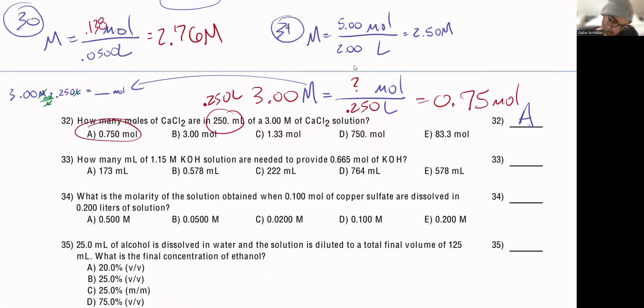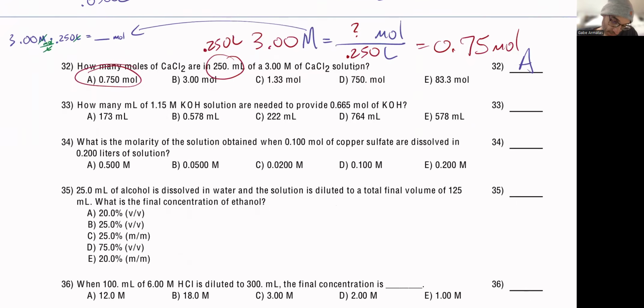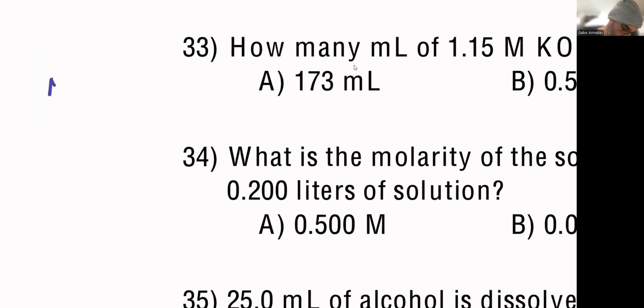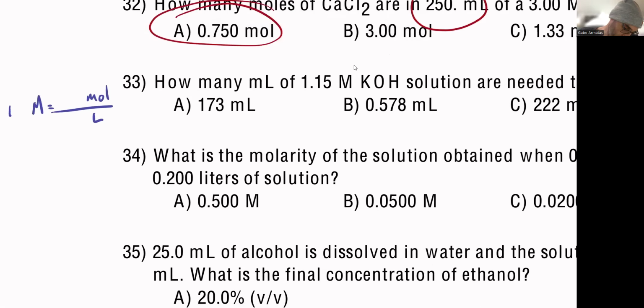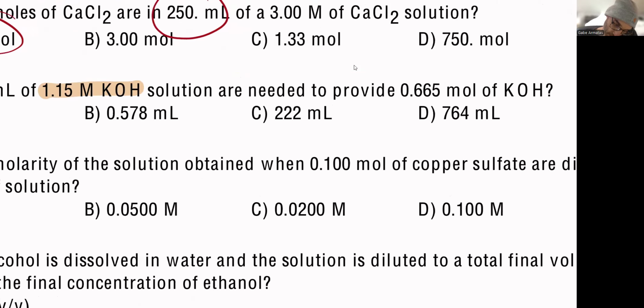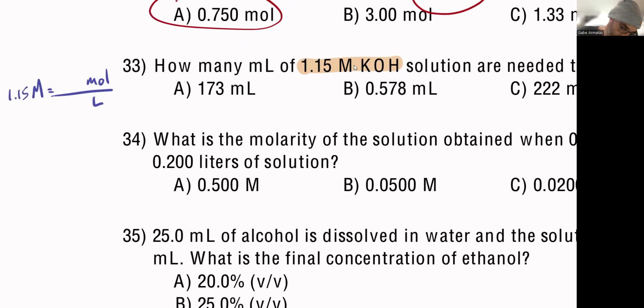Okay. Moving on, how many milliliters of a 1.15 molar solution are needed to provide 0.665 moles of KOH? Again, we are going to use the same setup. Molarity is equal to moles per liter. And we know that the concentration was 1.15 molar, and needed to provide 0.665 moles.